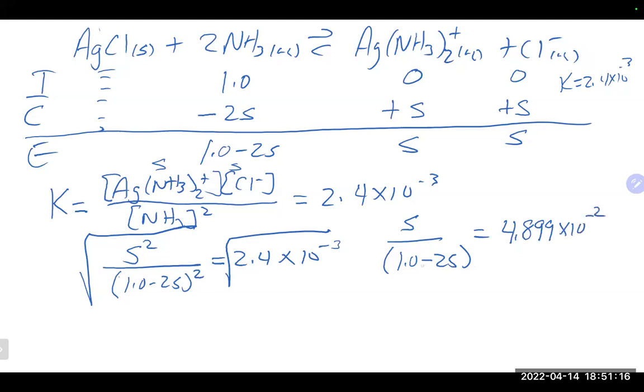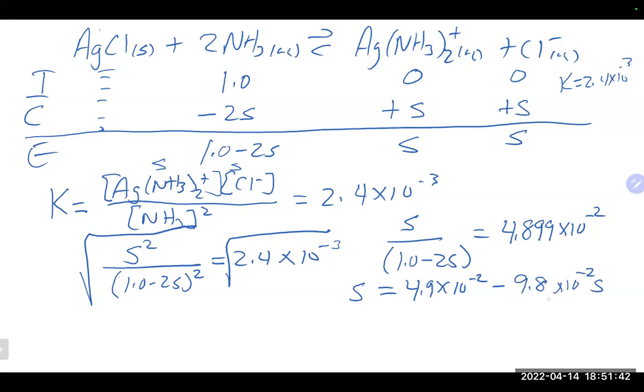We're going to multiply the bottom to the other side. That's going to give us S is equal to, I'll round it a little bit, too many numbers, 4.9 times 10 to the minus 2 minus 9.8 times 10 to the minus 2 times S.